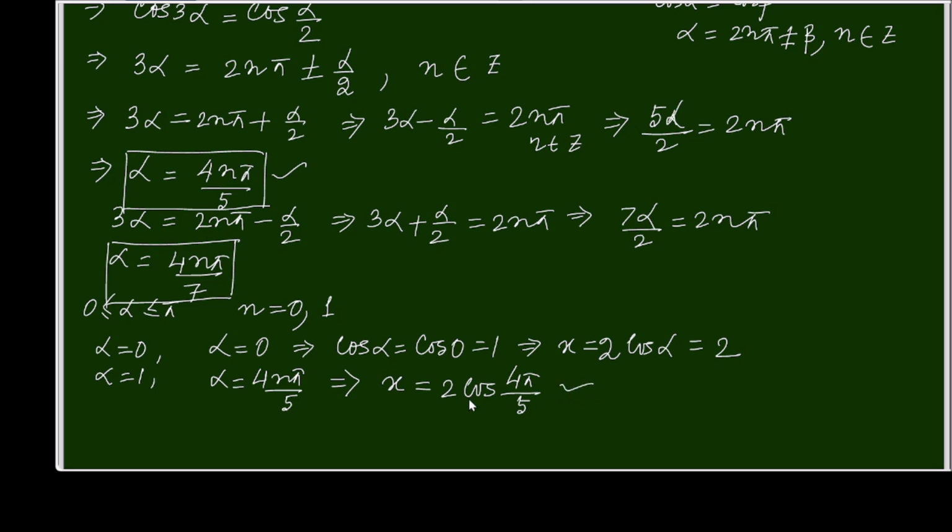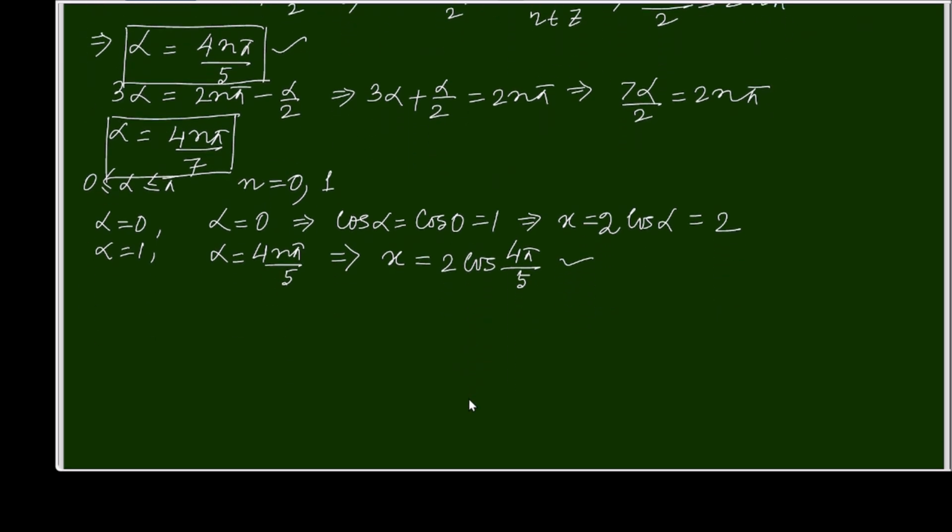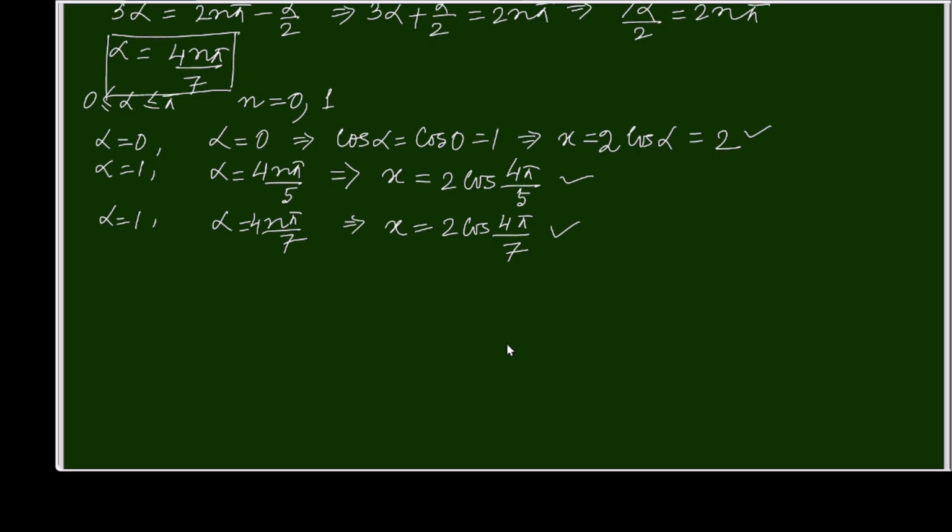This is the second solution. And for the third one, your alpha is equal to 4n pi by 7. This gives us x equals 2 cos 4 pi by 7. So this is the third solution.